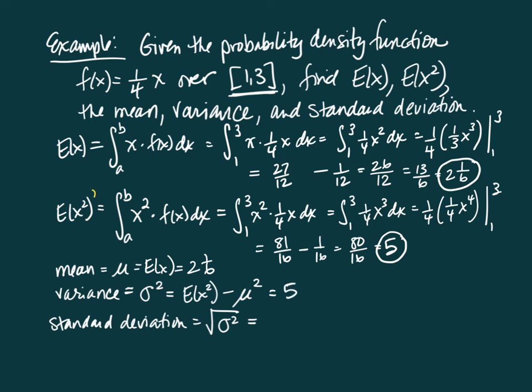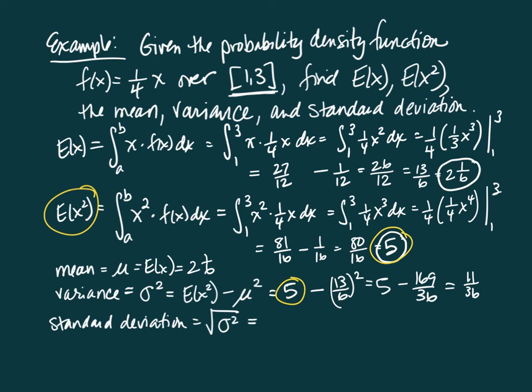E of x squared is 5, minus the mean squared. So I'm going to use 13/6 squared. So this will be 5 minus 169/36, which is 11/36. Okay, so that's the variance. So that's our next result.